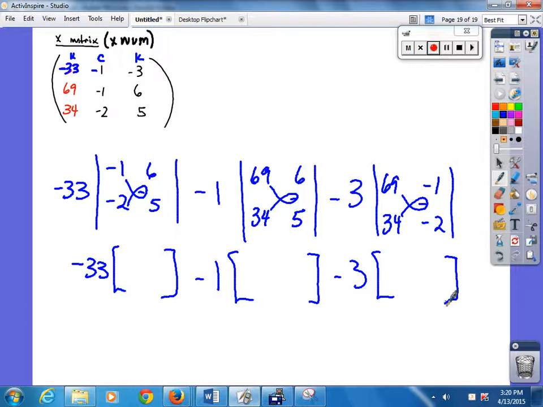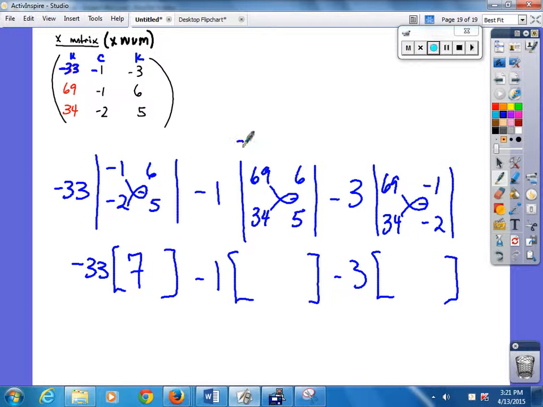What's negative 1 times 5? Negative 5 minus a negative 12 would be negative 5 plus 12, which is... 69 times 5. Well, hold on. 70 times 5 is what? 350 minus 5 is 345. Okay.